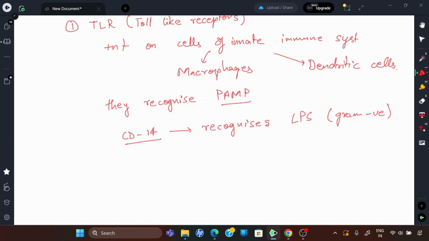Here the CD14 receptor is basically the toll-like receptor, and this lipopolysaccharide acts as the pathogen associated molecular pattern, right? Now as the TLR recognizes the PAMP, it lets the body know that invasion has occurred, right? And now its function is to elicit a response.